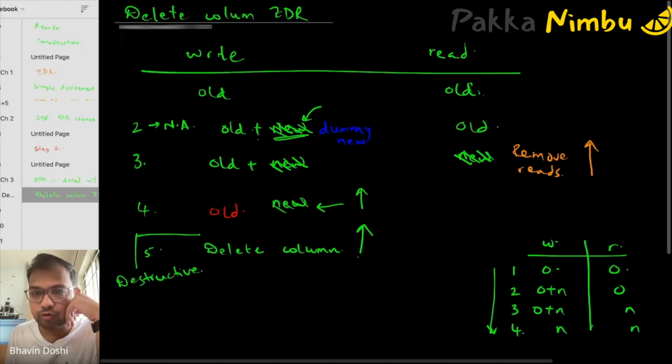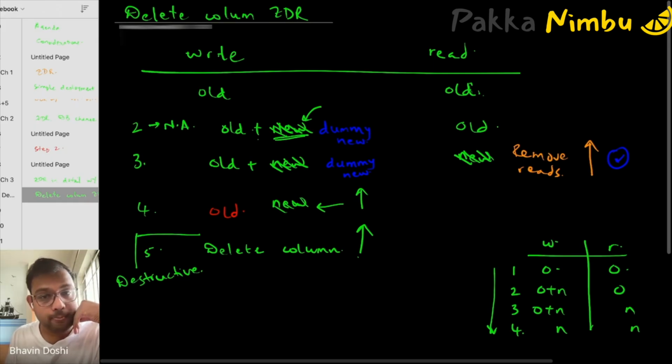The reads will get removed. This will remain the same. You're not going to read from the dummy new, but you at least have the dummy new. So here also there is a dummy new. And then you have stopped writing to the old basically. So here you are writing to both old and dummy new. In step 4, the write goes to dummy new.